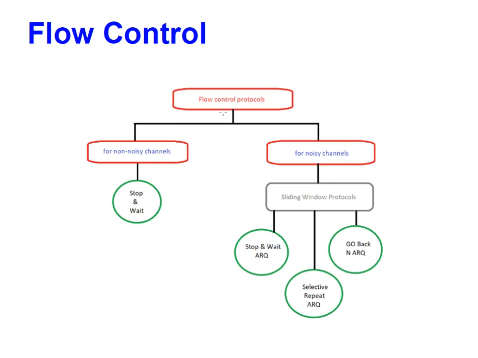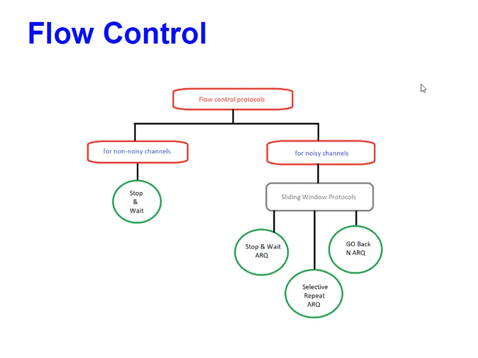Why is it needed? As the name indicates, you have to control the amount of flow. It should not happen that a sender keeps on sending data, and the receiver's buffer is full and it is not able to receive any further.